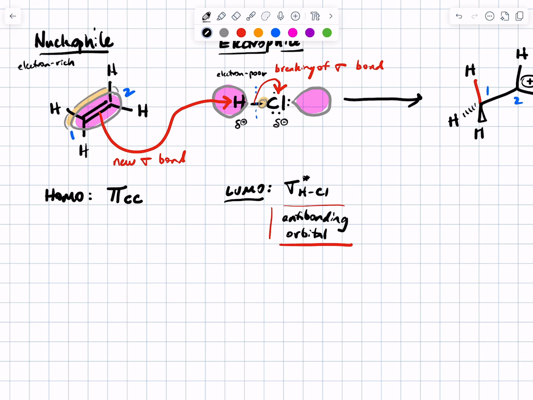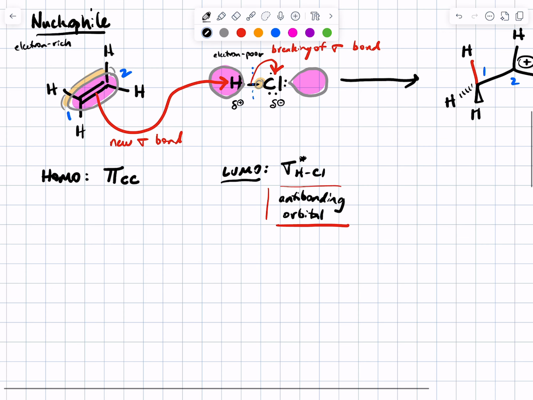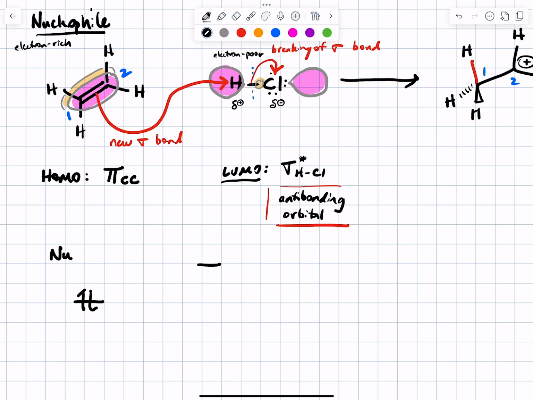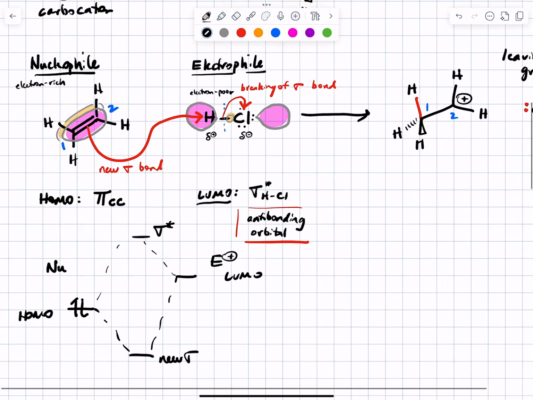So anytime you have a HOMO on your nucleophile, and I'm just going to draw the HOMO, and a LUMO on your electrophile, I'm just going to draw the electrophile like this, and this is the LUMO. When the HOMO attacks the LUMO, it's really like you bring two orbitals together and you mix them. You get a new sigma bonding orbital, and then you get a new antibonding orbital, a new sigma star.